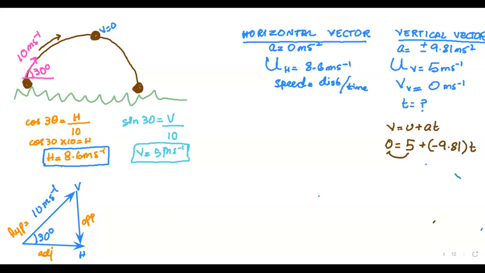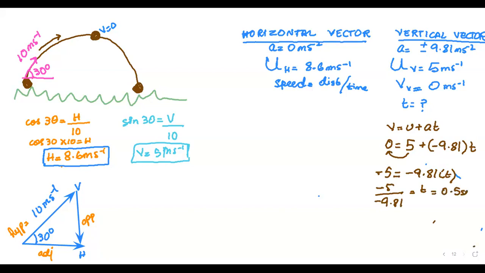This will go to the other side. So 0 minus 5 is minus 5. Minus 5 is equal to minus 9.81 multiplied by time. Minus 5 divided by minus 9.81 is equal to time. So if I divide the two of them, I end up getting my answer as 0.5 seconds.